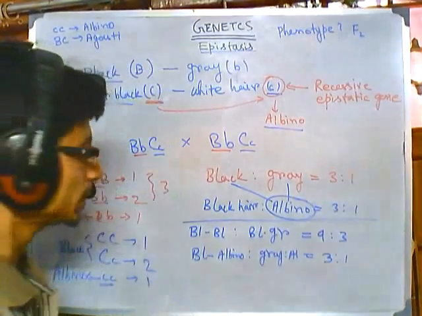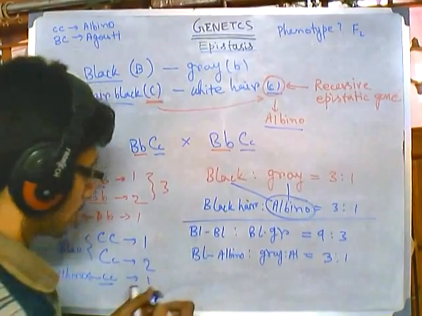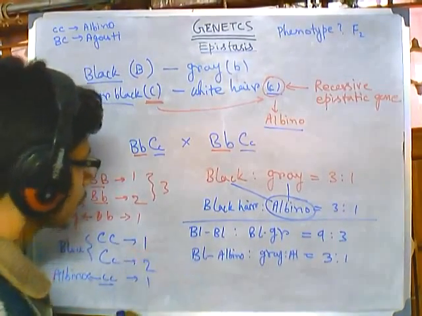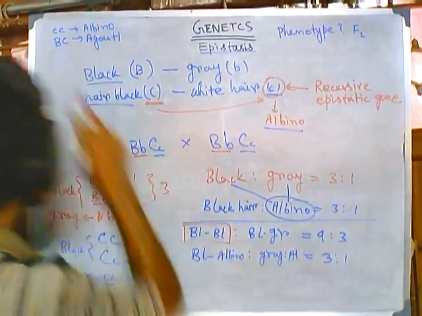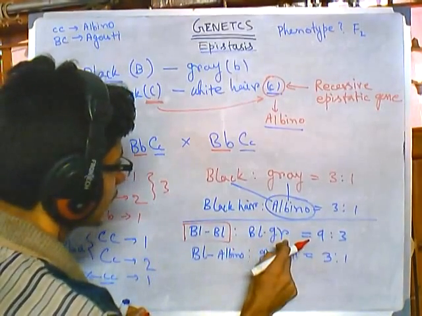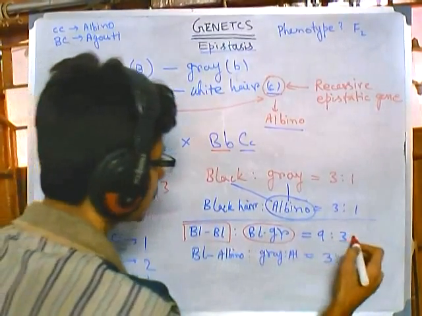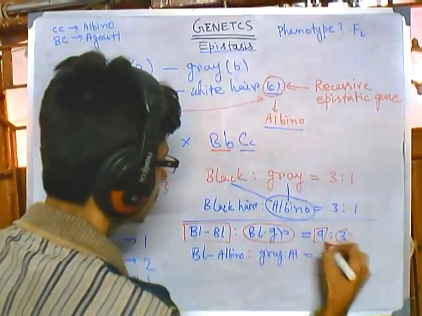So this is going to be the ratio. But the important part here, what is going to be the phenotypic expression? Black means agouti. So this is agouti. Black gray, this is black, this is 3. So this one we get.